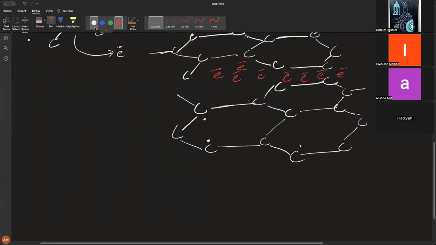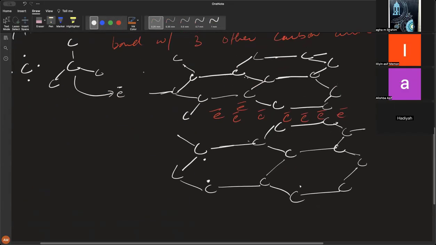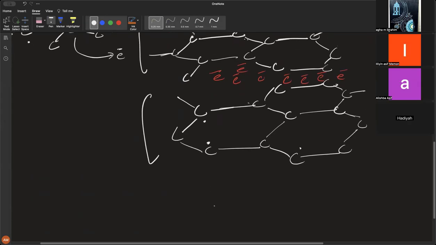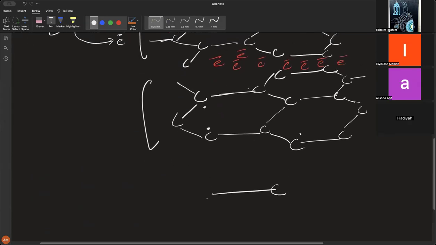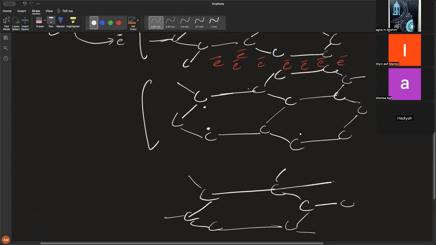This is one carbon layer. This is another carbon layer. Similarly, there's going to be another carbon layer like this. If you look closely, you will see that each carbon is going to be making only three bonds. So the fourth electron from each is going to be out between these carbon layers.